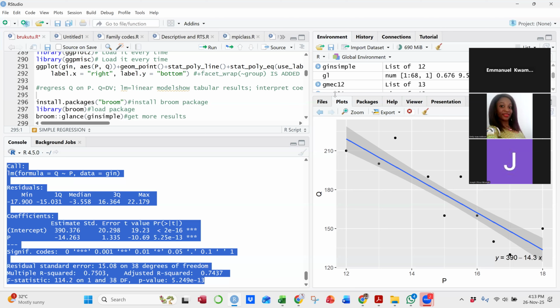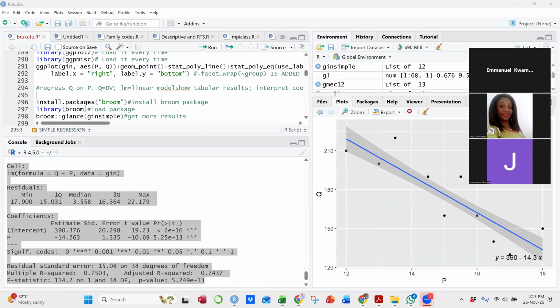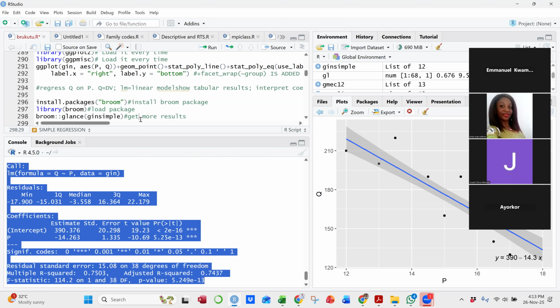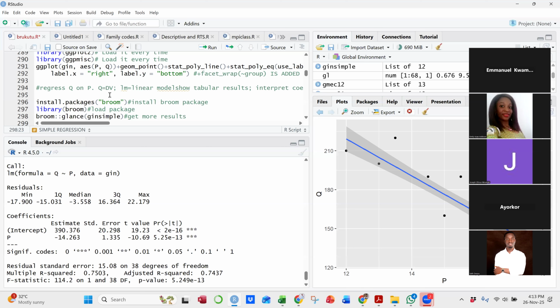Two people are done. Five people have shown their hands. Okay, I'm taking note. Don't let me post this somewhere, then you say, oh, Doc, me too, I raised my hand. I'm taking a screenshot of what is happening.